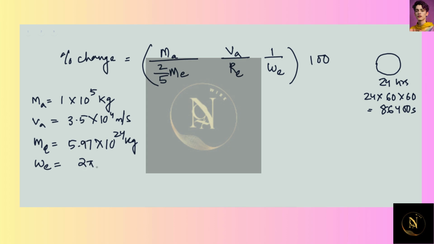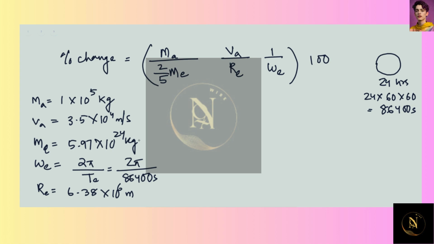Therefore omega will be equal to 2 pi over the time period of Earth, which is 86,400 seconds. One thing I forgot to write, the radius of Earth, which is 6.38 times 10^6 meters.